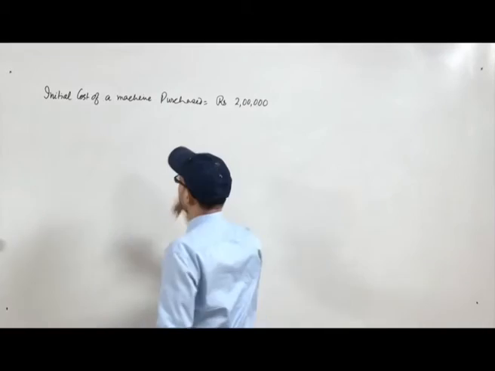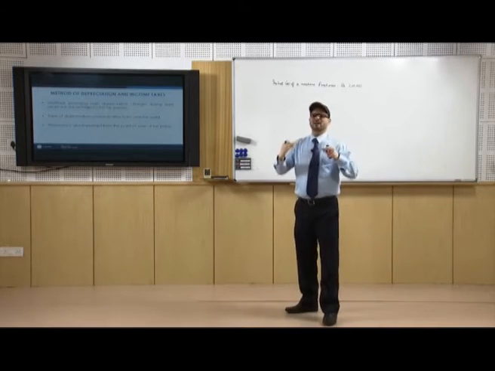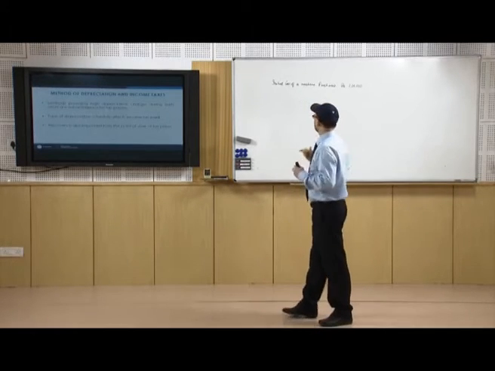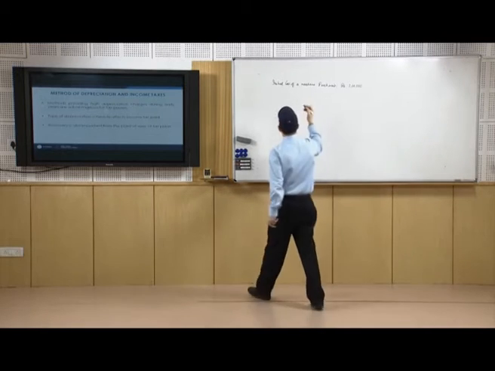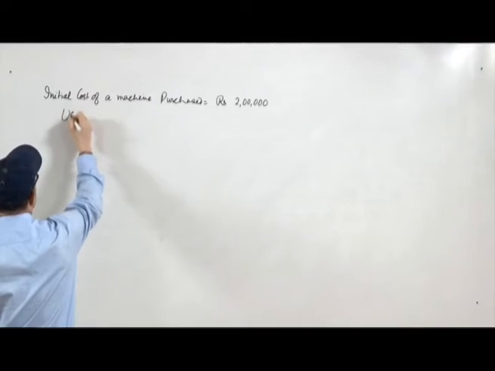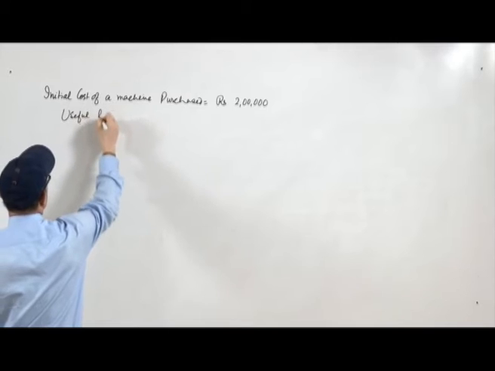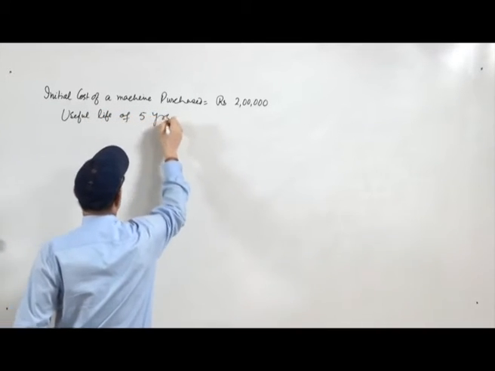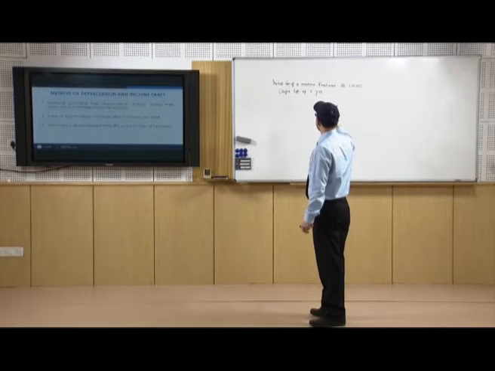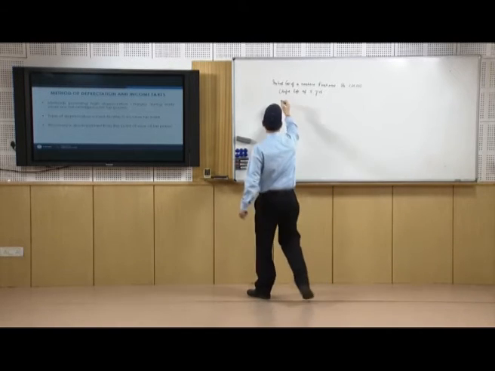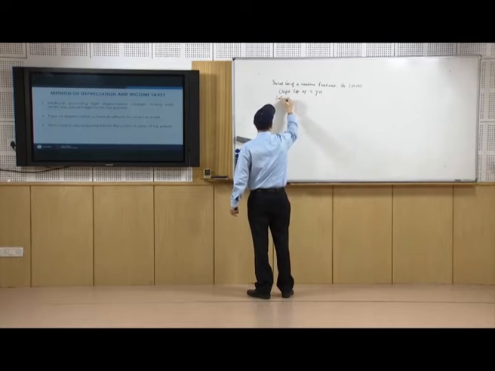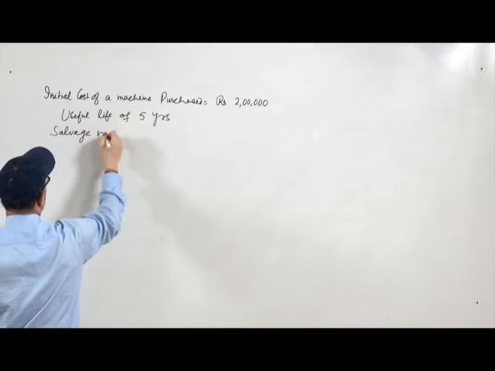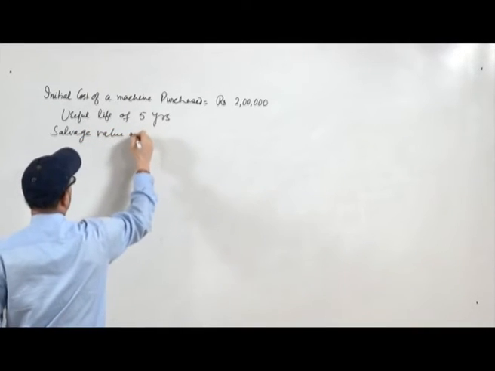The company has purchased a machine of rupees 2 lakh. The machine has a useful life of 5 years. After 5 years the salvage value of the machine will be taken as 0.